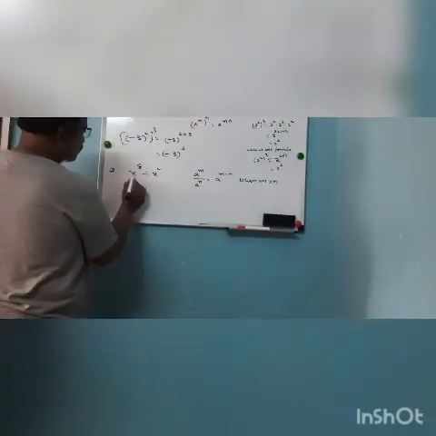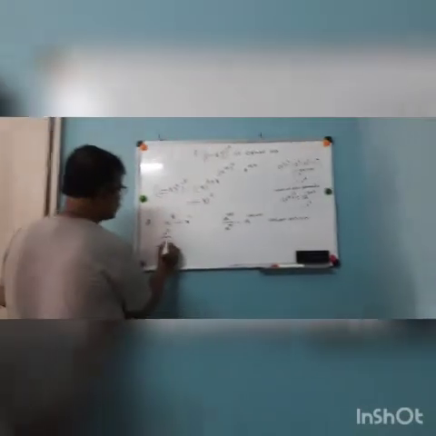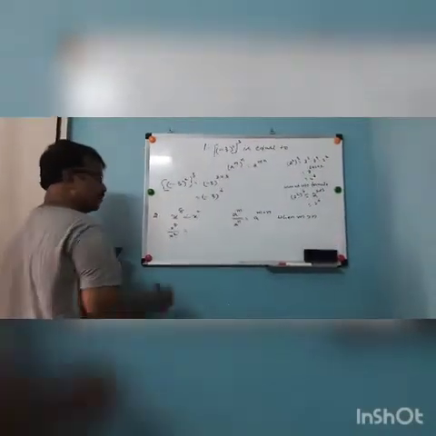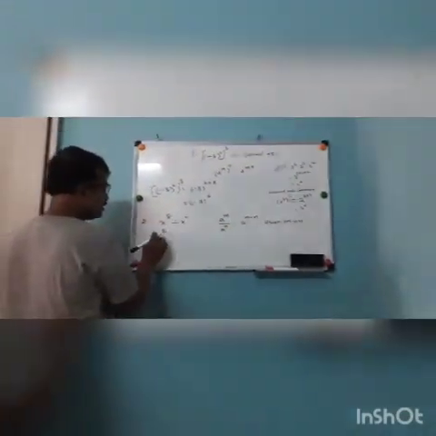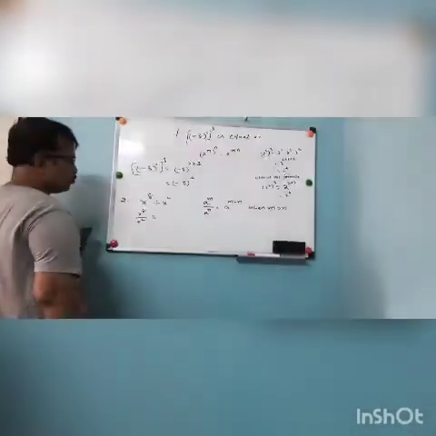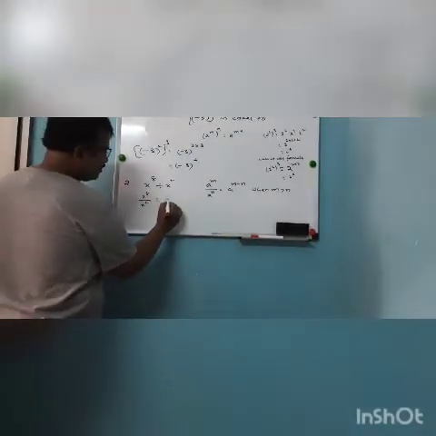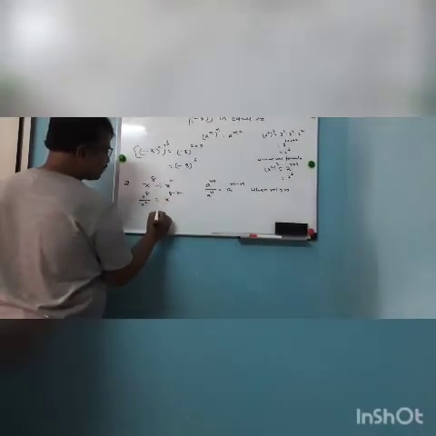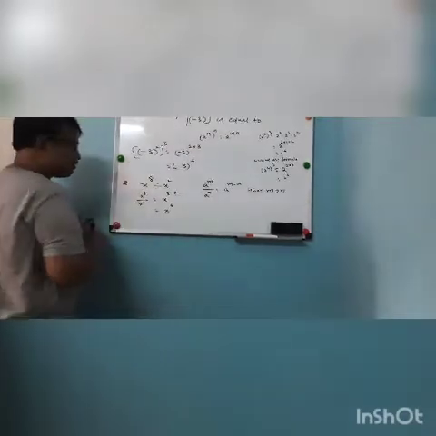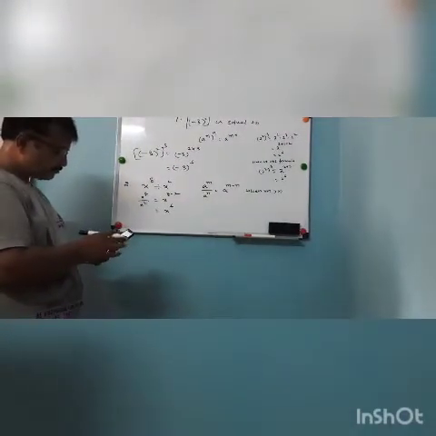Here a is x, m is 8 and n is 2, so m is greater than n. Then x power 8 minus 2 is equal to x power 6. So the answer is option 2.